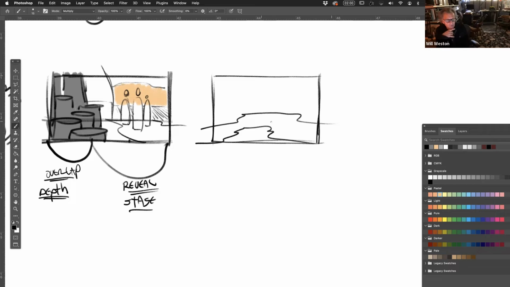Here, I was explaining that I can put my barrels here, see? So they're coming into the foreground because this is the stage going behind the barrels like this. Here, I have them going up.